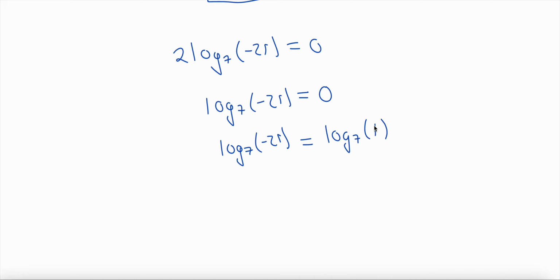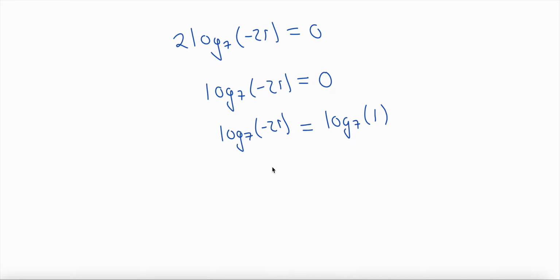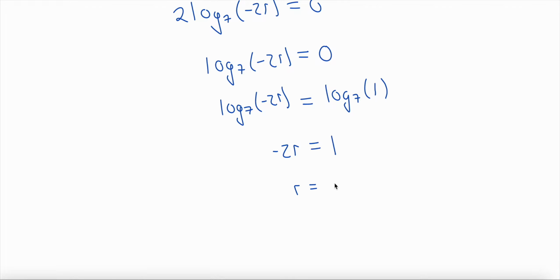And now that we have logarithms with the same base on both sides, we can go ahead and equate these two expressions. So negative 2r equals 1. And now dividing both sides by negative 2, we have r equals negative 1/2. And that will be the answer for that one.